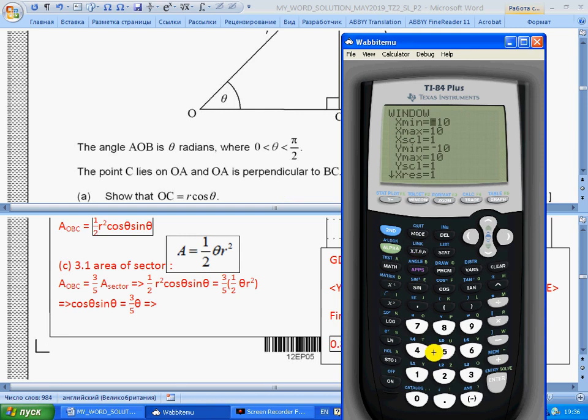Here we put 0, pi divided by 2. Let us see how the graph will look. So we press draw.